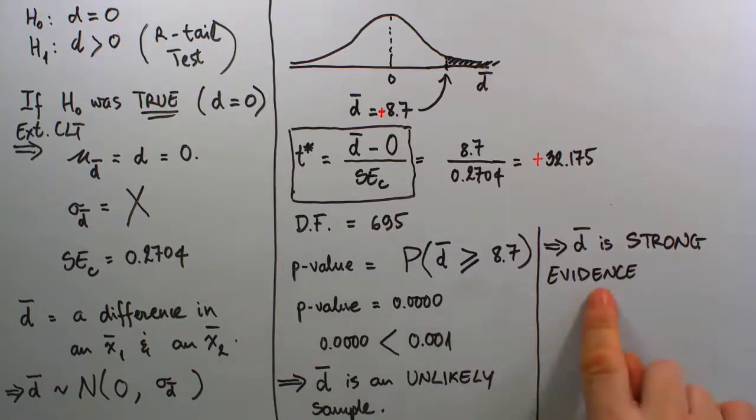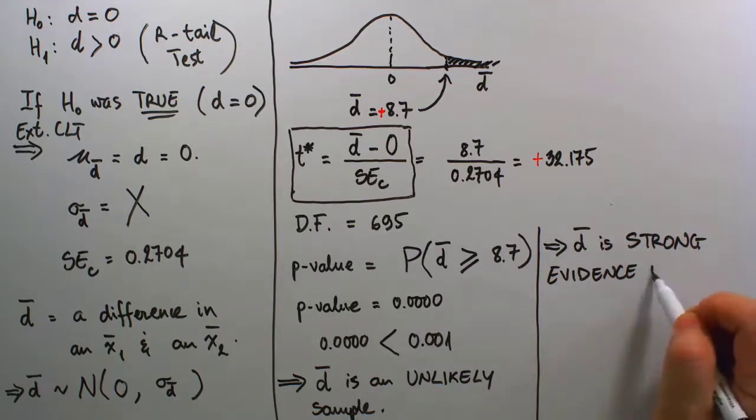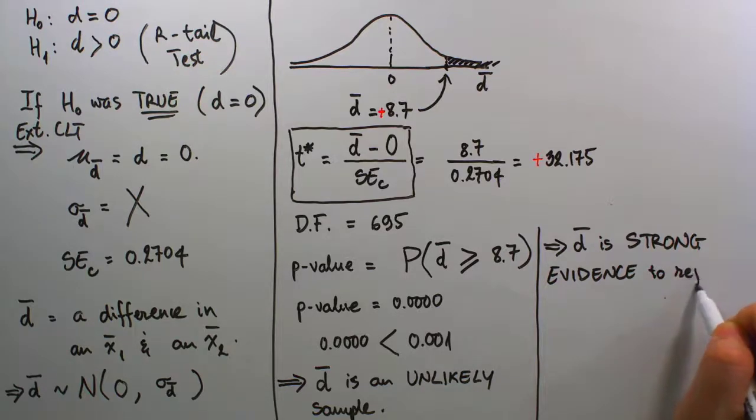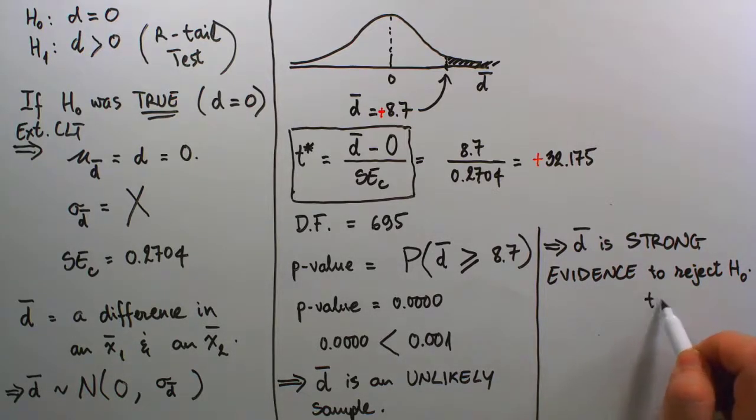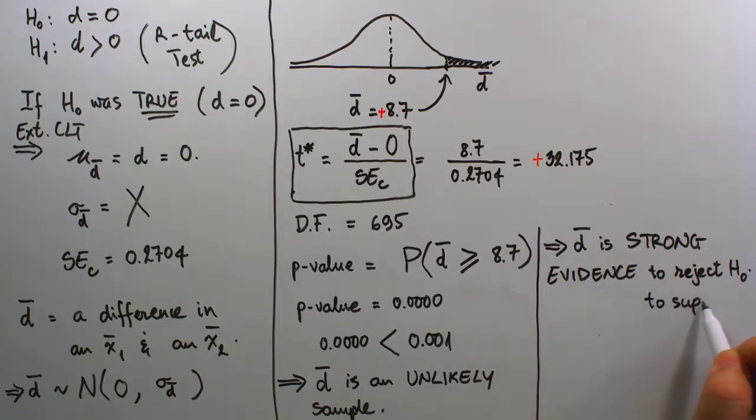And this strong evidence is for us to say that either we can reject h sub 0, or we can also say the strong evidence is for us to support h sub 1.